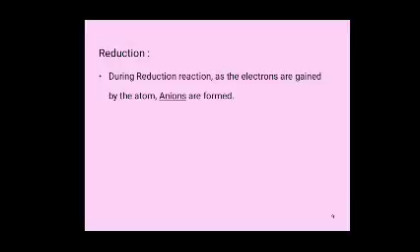Why do they form anions? The negatively charged particles are called anions. When the valence shell has less than the octet, needing 1, 2, 3 electrons for the nearest inert gas configuration, those atoms gain electrons from other atoms to form negatively charged particles called anions.